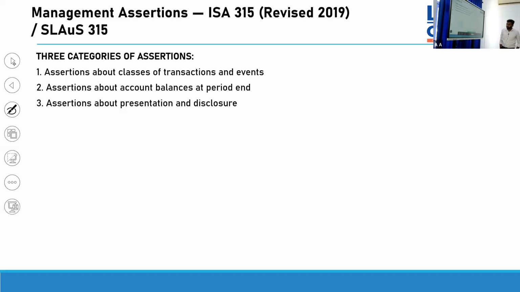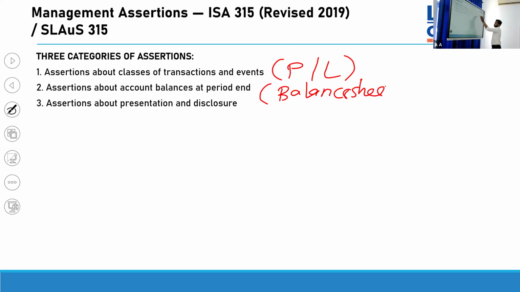Normally, management use these three categories of assertions. One is assertions about classes of transactions and events, which are assertions used to prepare the statement of profit or loss. Second is assertions about account balances at the period end, which are assertions used to prepare the balance sheet or statement of financial position. Third is assertions about presentation and disclosure.